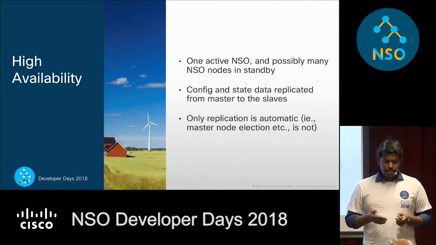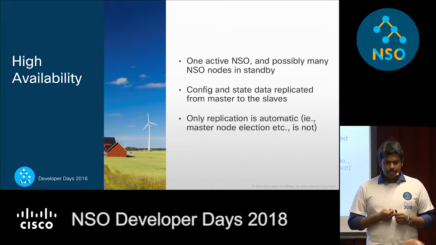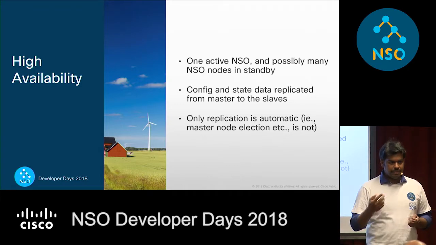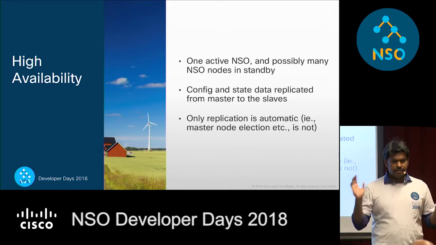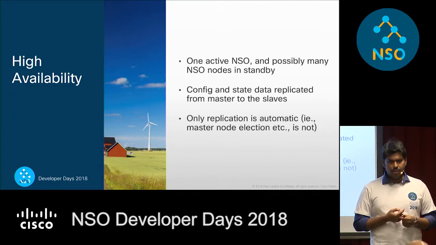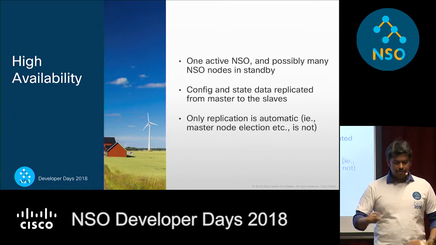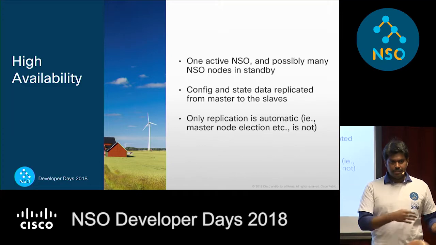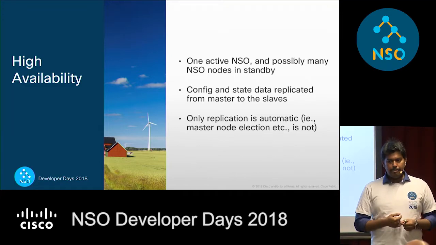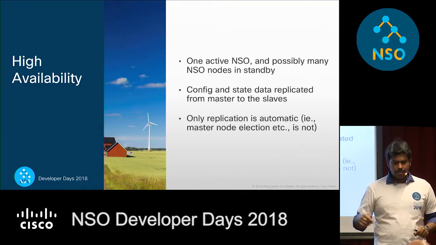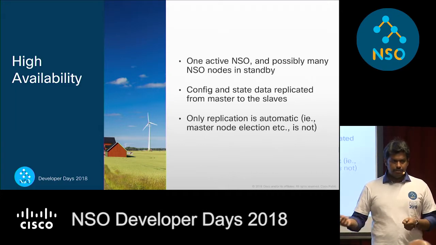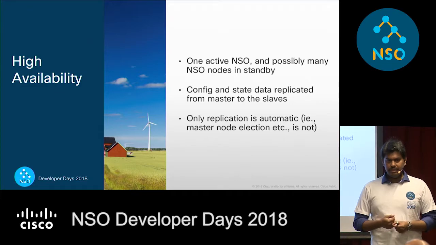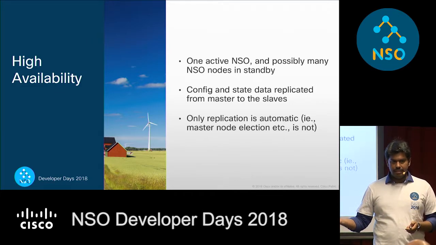So when a node becomes a master, there is a field called transaction ID that is stored in NSO. It's the system-wide transaction ID for the whole NSO. Whenever a new transaction arrives in the master, the master will update the slave with the CDB config and oper data, and then once it's done, it will update the transaction ID.